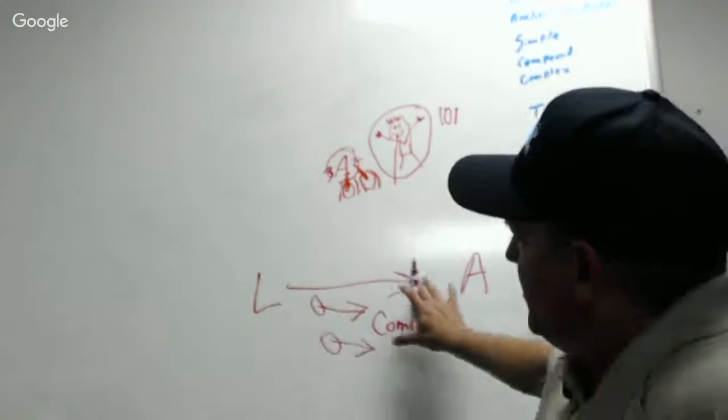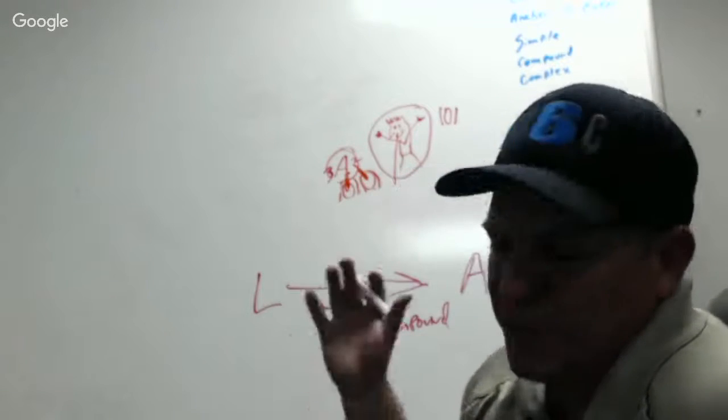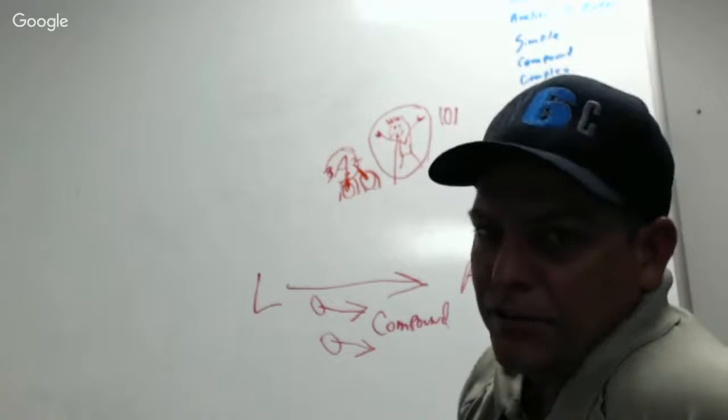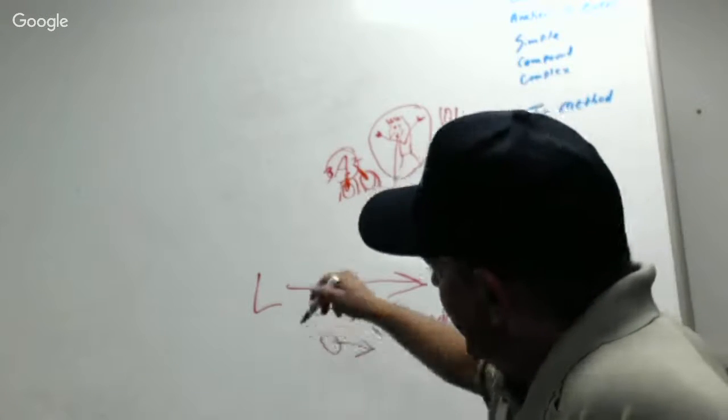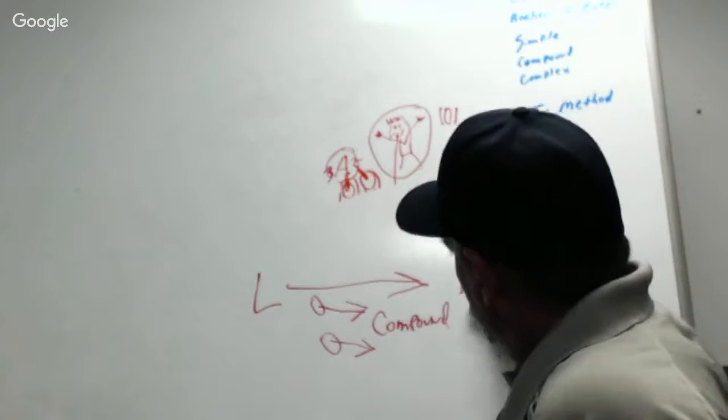That's where you could kind of say you're multiplying. But as I'm teaching you this way, don't multiply, just count the T method, and then you'll understand how that works. So that is a compound system. That's where some might say to multiply.